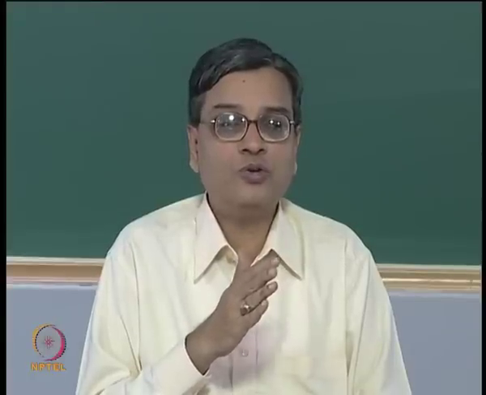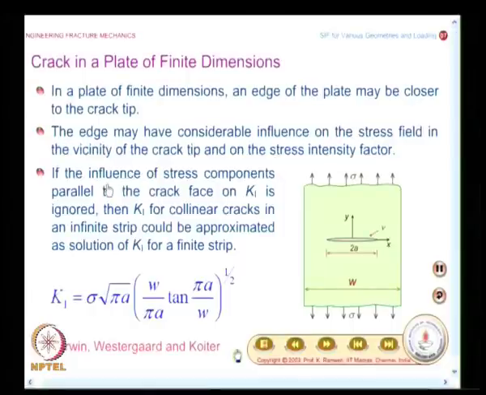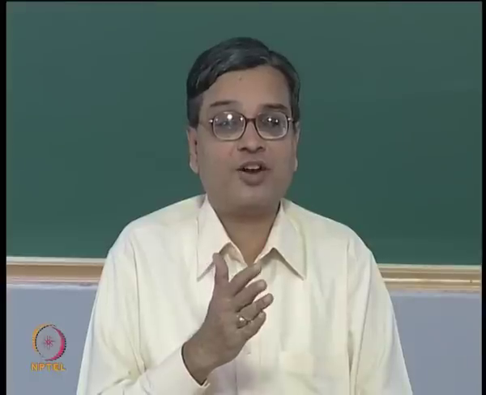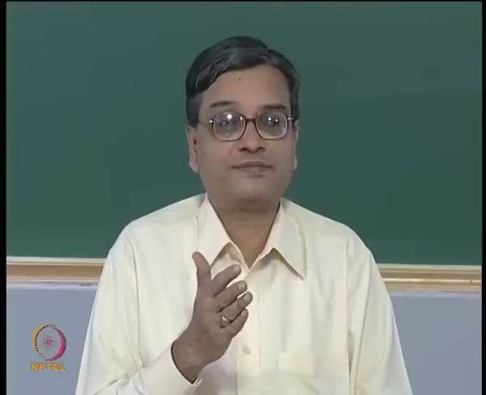And I would like to emphasize again, the influence of stress components parallel to the crack face on K1 is ignored. This is the kind of approximation that we make. And this all happened at a time when people had only a slide rule for calculation, they did not have a computer to do the calculation.